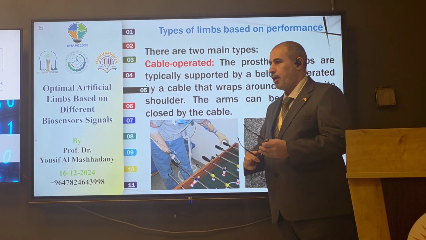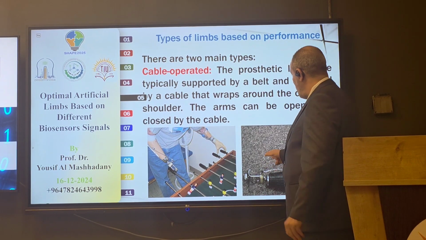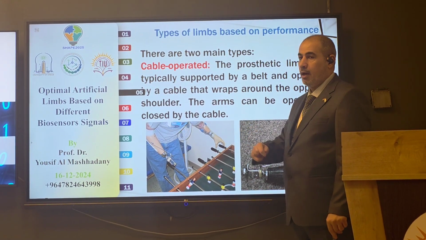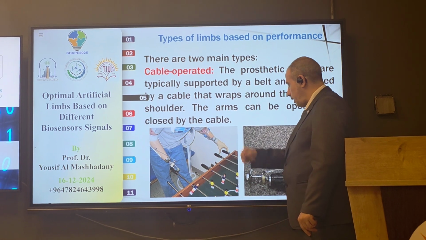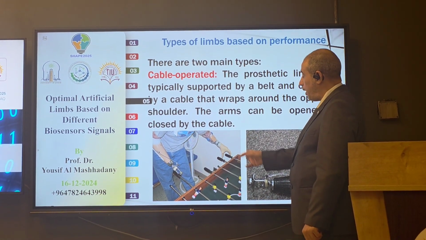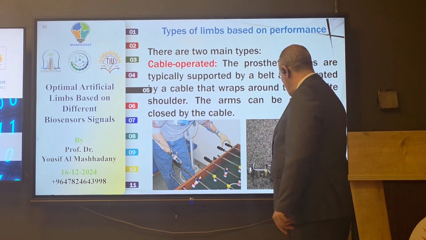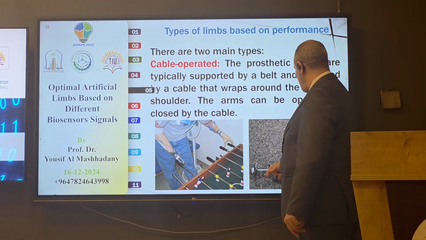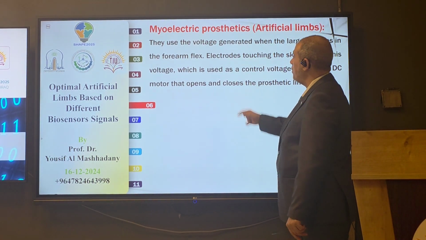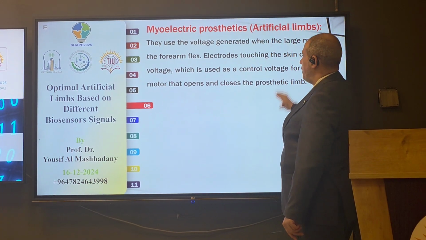That means the movement is according to the cable, and when the movement is applied from the cable, it can be controlled by the joint. Now this rest joint, this is just a handle gripper. And the other type, prosthetics. That means artificial limbs.